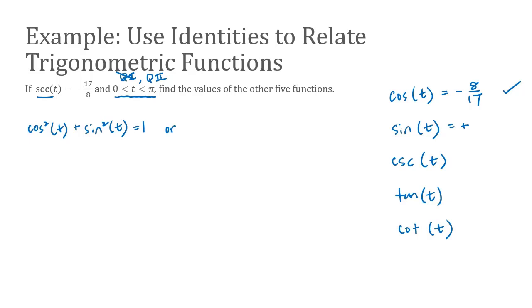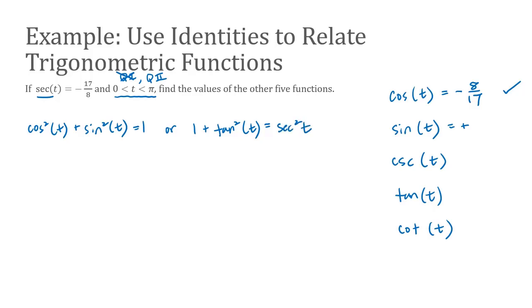Or we could use the variation of the Pythagorean identity where we divided both sides by cosine squared t, and that gave us 1 plus tangent squared t equals secant squared t.